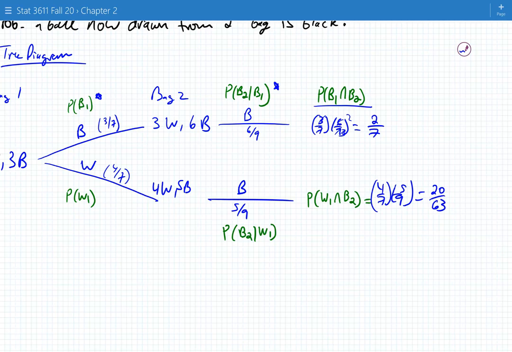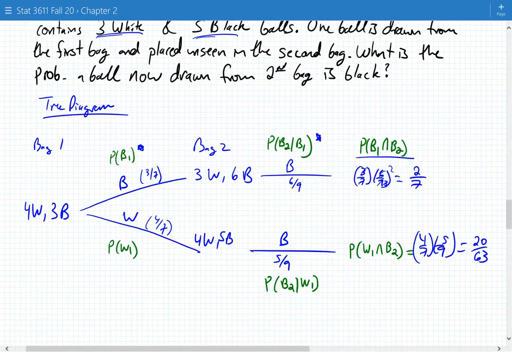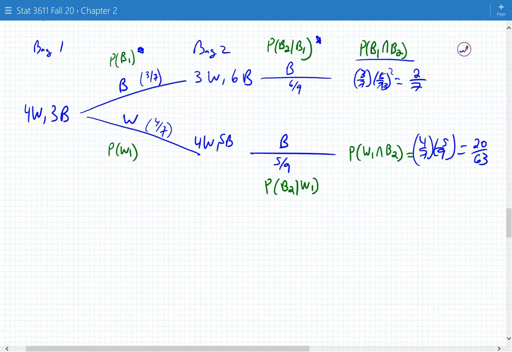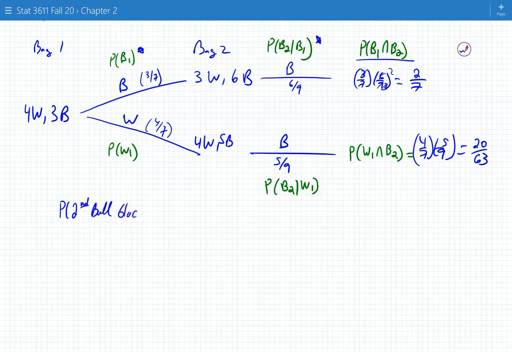Okay. So what is the probability we get a black ball drawn from the second bag? Adding these up in these 2 disjoint cases, the probability of getting a second ball black after moving one from the first bag would be 2/7 plus 20/63.